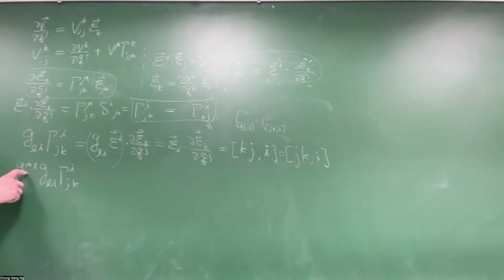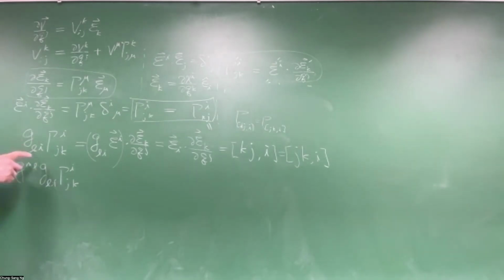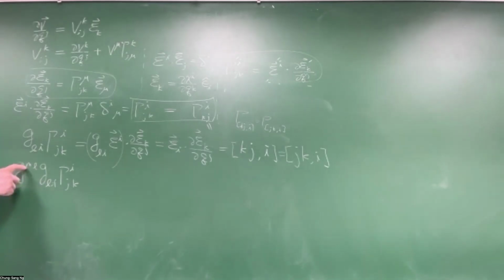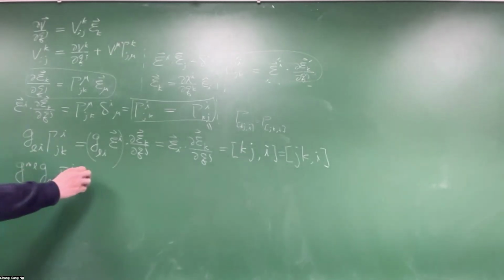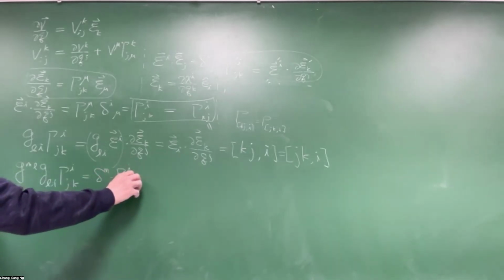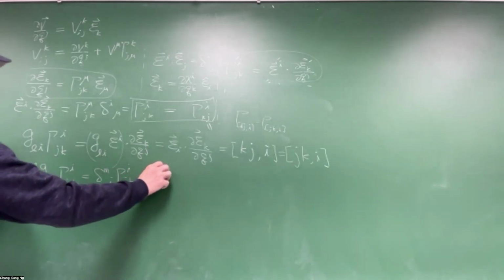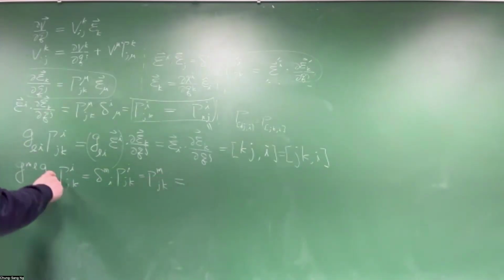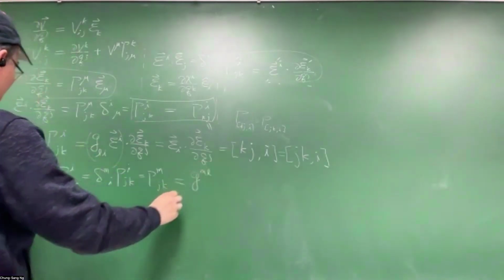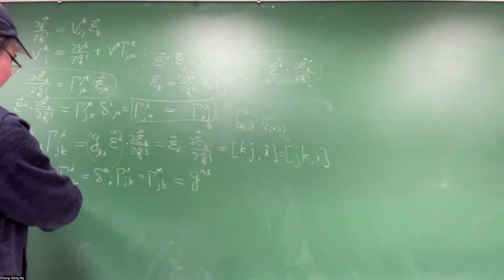This is the Kronecker delta. The contravariant metric tensor is the inverse of the covariant metric tensor, so this contraction gives you a Kronecker delta, delta n I. Then you sum over I. The right hand side is just the contraction of the contravariant metric tensor with this one.